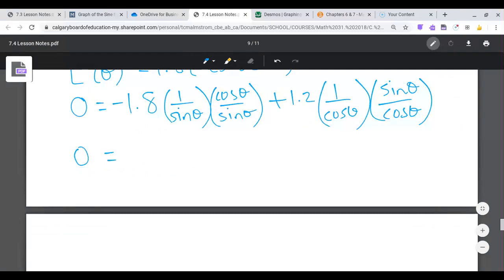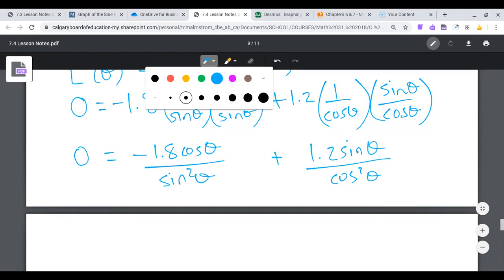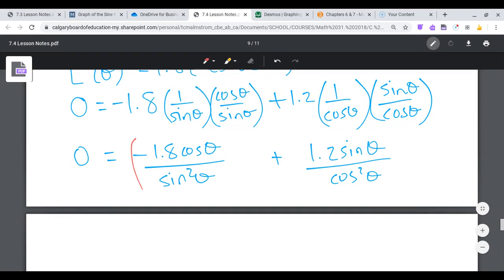So 0 is equal to negative 1.8 cos theta on sine squared theta plus 1.2 sine theta on cos squared theta, and I'm going to get myself some common denominators.